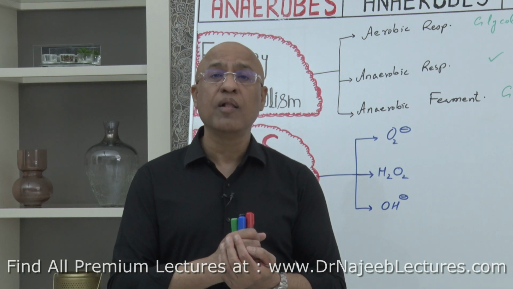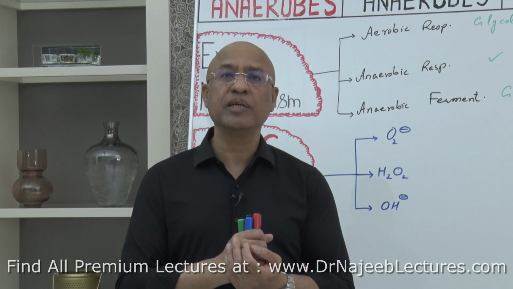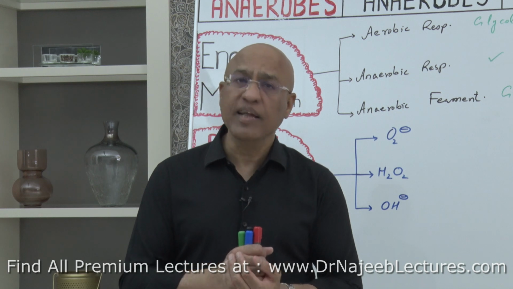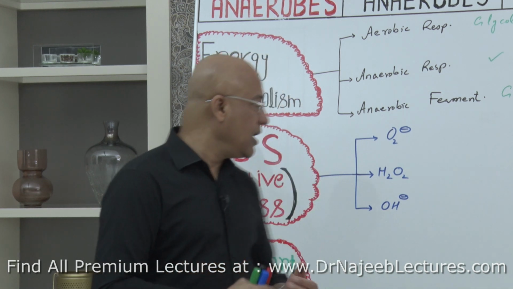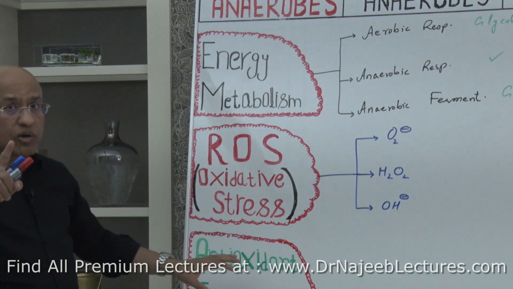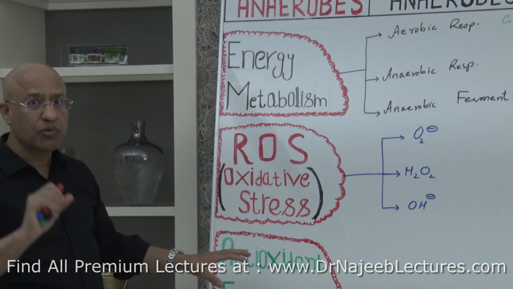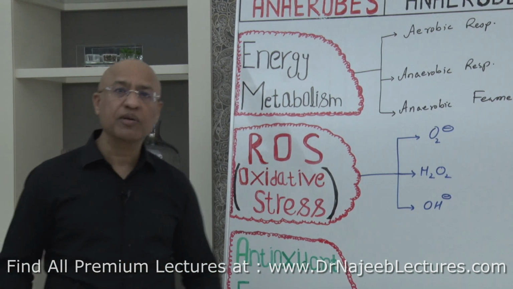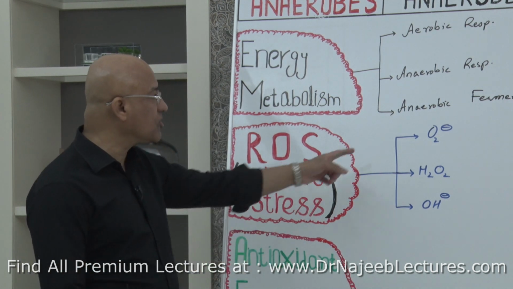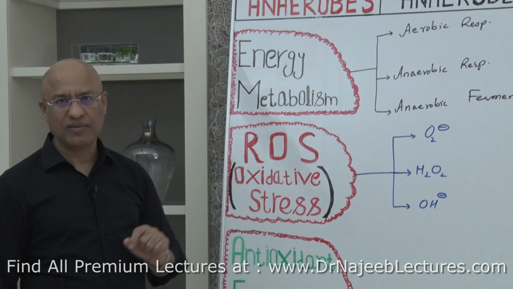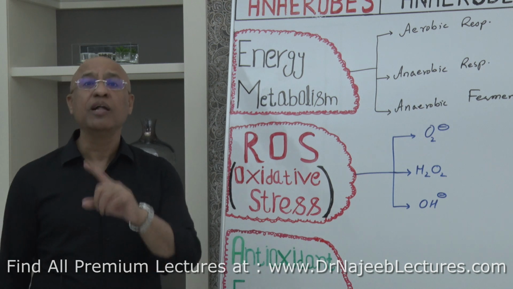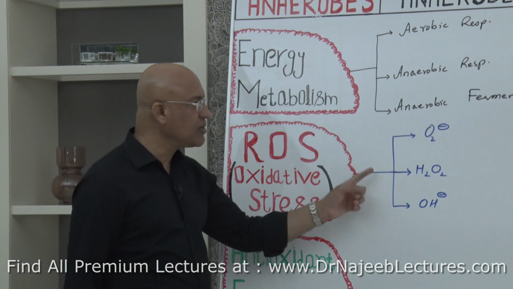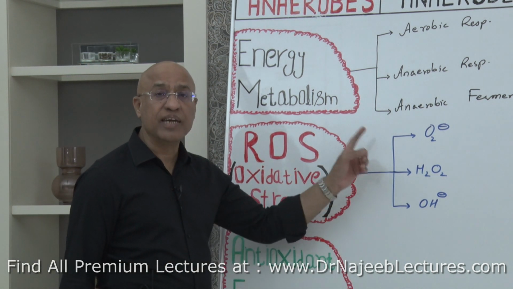They can damage the bacterial nucleic acids, proteins and enzymes, and they can kill the bacteria. So if bacteria have to survive in an oxygen-rich environment, they should have some defenses against these aggressive, highly reactive molecules.